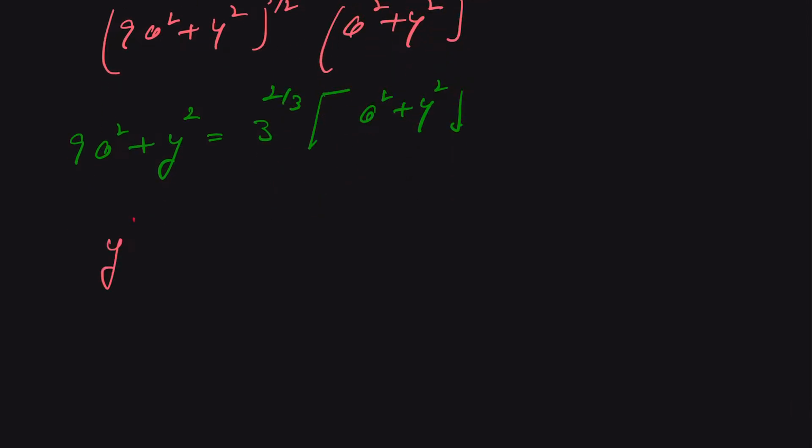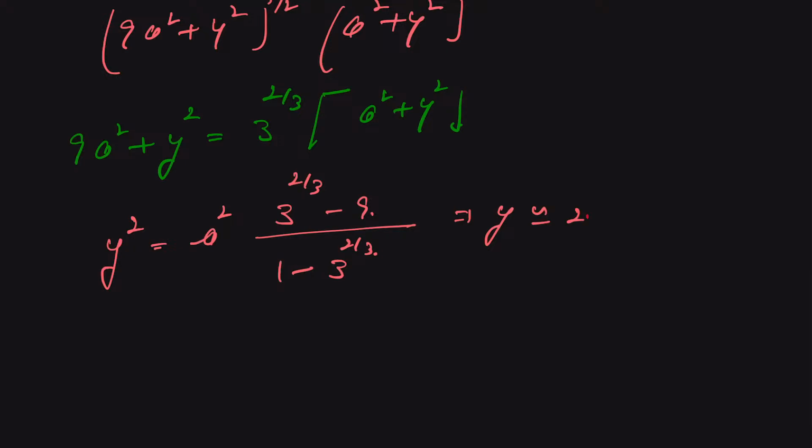So we can say that our y² is equal to a² times (3^(2/3) minus 9) upon (1 minus 3^(2/3)), and therefore from here we can say that y is approximately equal to 2.53 times a.